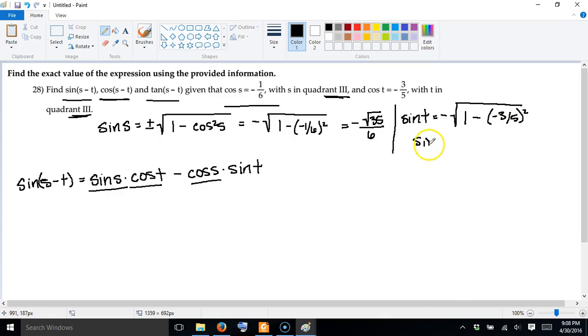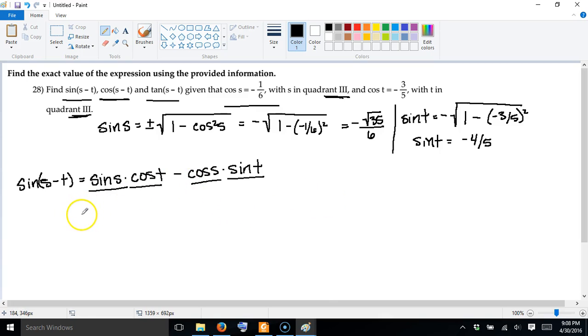Sine t is equal to negative 4/5. That's what all of this reduces to. So there we go. Now we got the sine of t value to plug in for here.